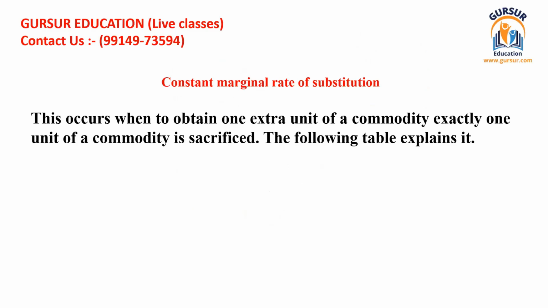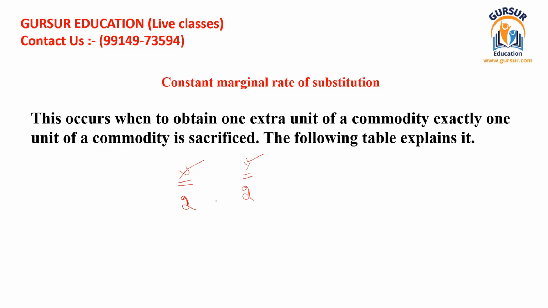Then there is constant marginal rate of substitution. What does it mean? It means if you are increasing the consumption of X commodity by 1 unit, then you are decreasing the consumption of Y by exactly 1 unit. If you are increasing the consumption of X by 2 units, then you are decreasing the consumption of Y commodity by 2 units.